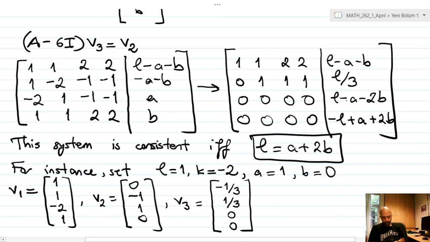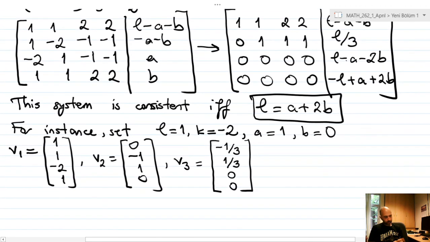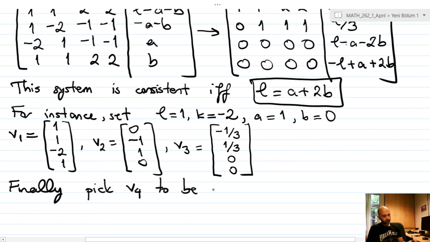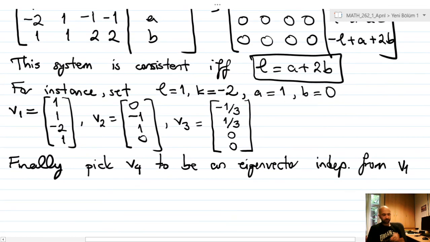Okay. Finally, all this business about the first Jordan block, which is 3 by 3. So finally, pick V4 to be an eigenvector independent from V1. That's the only requirement, which is a very weak requirement.